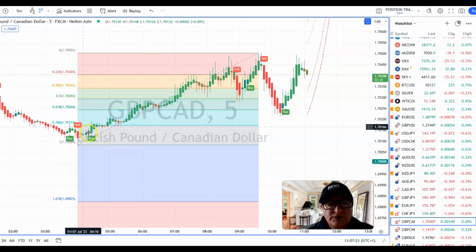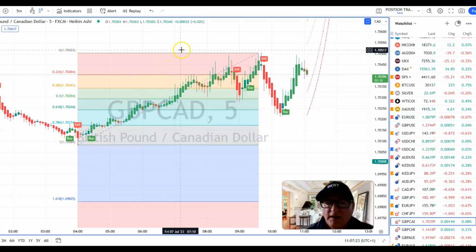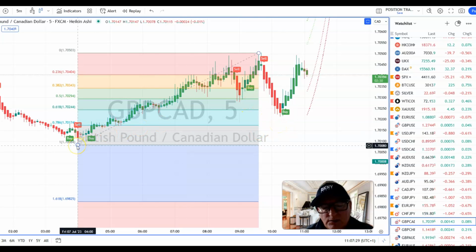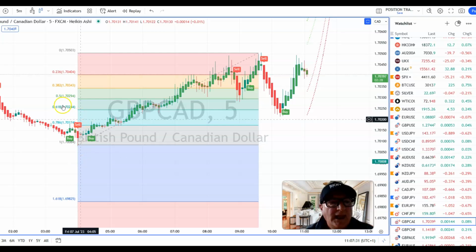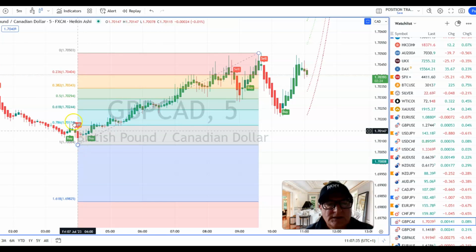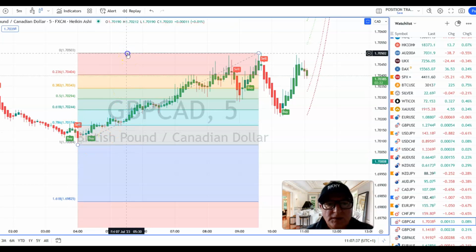So all you do, once you get the break and you know the direction, you're just going to wait for a pullback. Now the pullback, all you do is grab the previous low of the day and then do your Fibonacci. So let me take this off and show you what I mean.